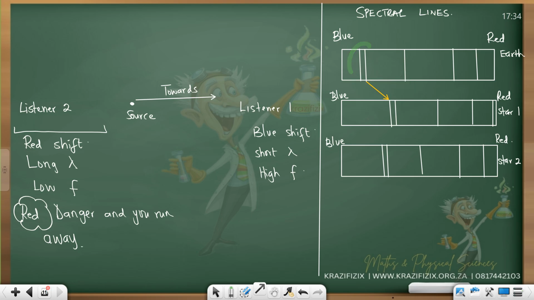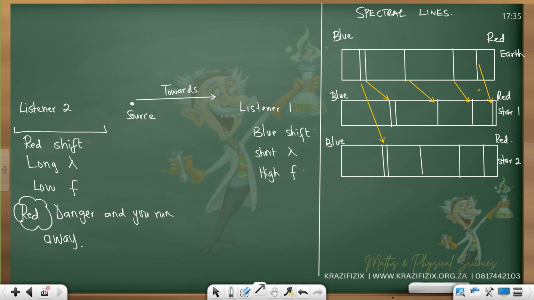The same particular line is the one. This line is this. This line is this. This line is that. What would you say has happened? They have moved towards the red side, right? So the spectral lines are shifted towards the red end. It means star 1 and star 2 are red shifted.